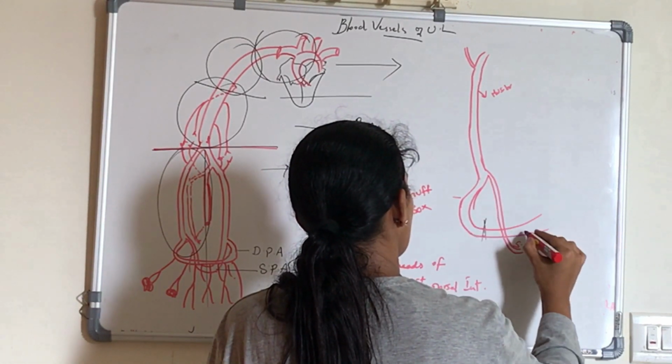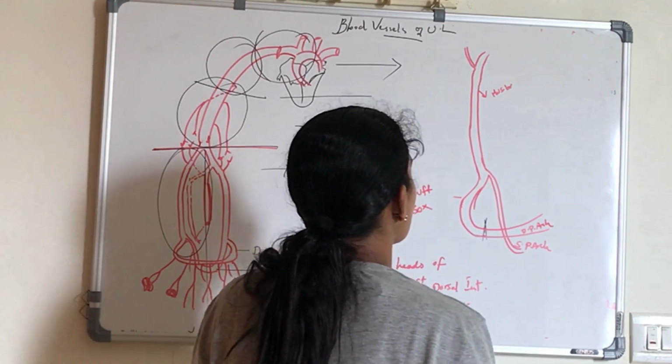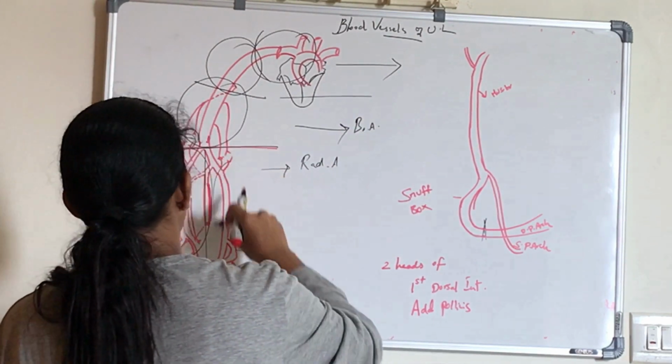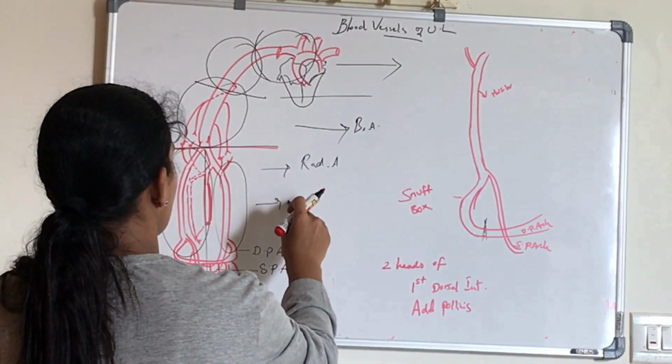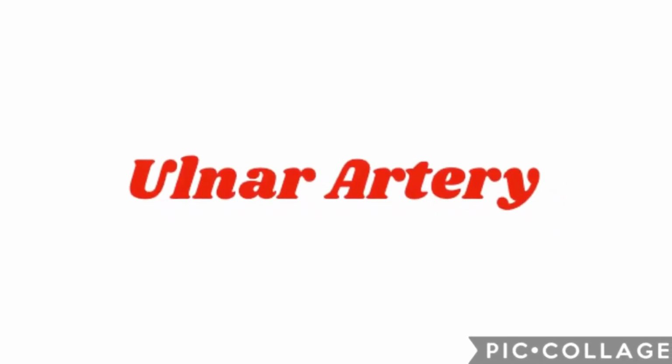Then this radial artery forms the deep palmar arch, which is completed by the deep branch of the ulnar artery. So the deep palmar arch is mainly formed by the radial artery.